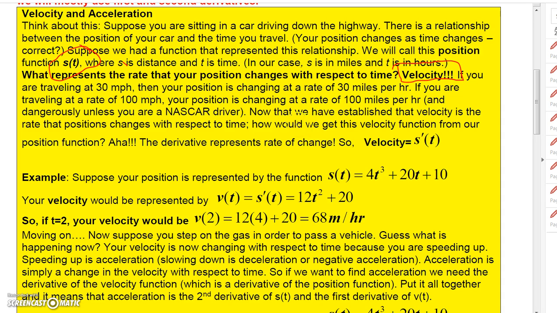Now that we have established that velocity is the rate that position changes with respect to time, how would we get this velocity function from our position function? Aha! The derivative represents the rate of change. So velocity can be found by taking the derivative of the position function.